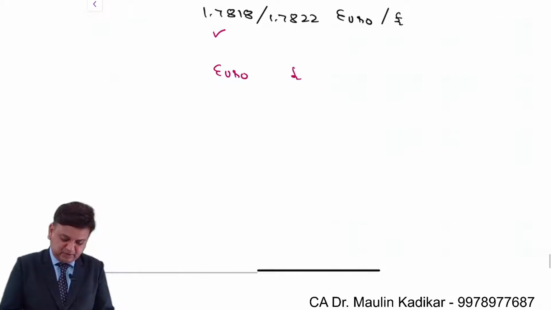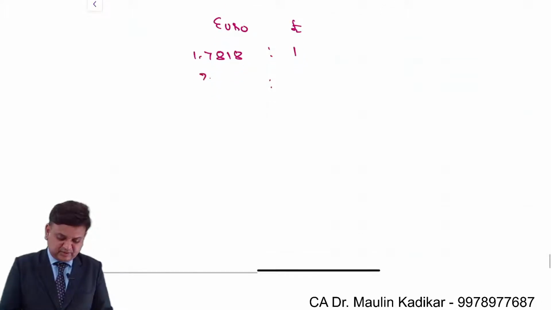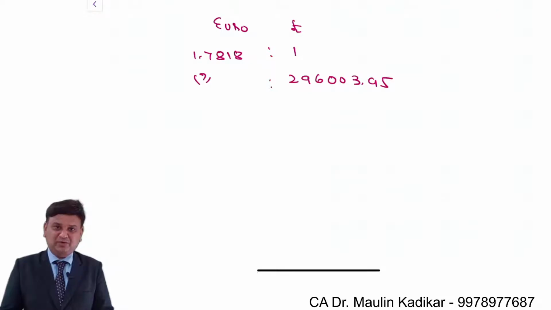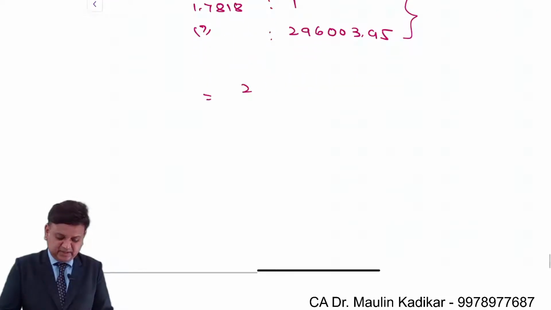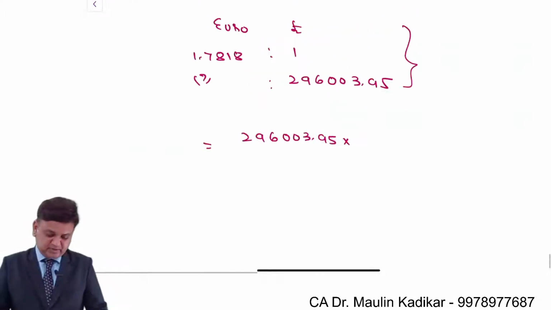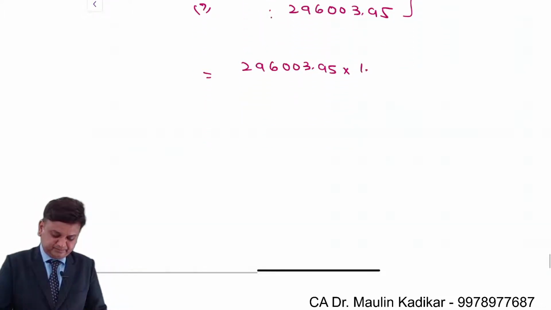So euro and pound. 1.7818 euro is equal to 1 pound. So this is the amount of euro for the 2,96,003.95 pound that you have borrowed. So the final answer would be 2,96,003.95 into 1.7818, whole divided by 1.